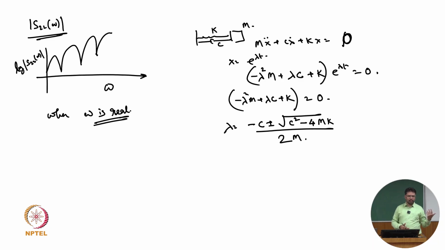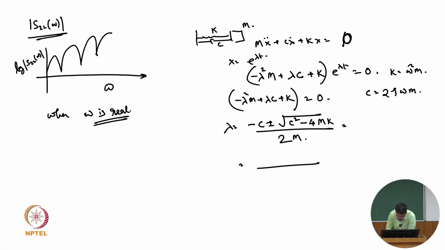Now generally what we see, if I divide by m, with c equal to 2 xi omega m, if I substitute, and k equal to omega square m. Then what can I write?